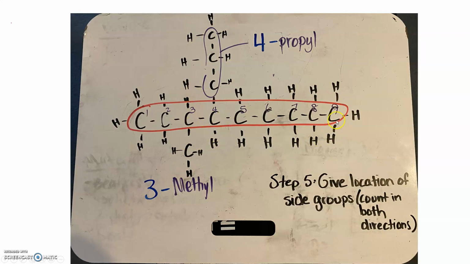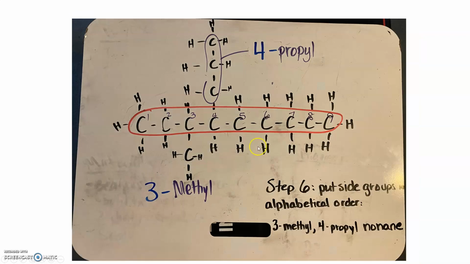If I numbered it from the other direction, those side chains would have been on carbon 1, 2, 3, 4, 5, 6, and 7. 3 and 4 is smaller than 6 and 7. That's why I have to count from the left side in this case. So if you look, the methyl group is off of carbon 3. The propyl group is off of carbon 4. So that's my next step.